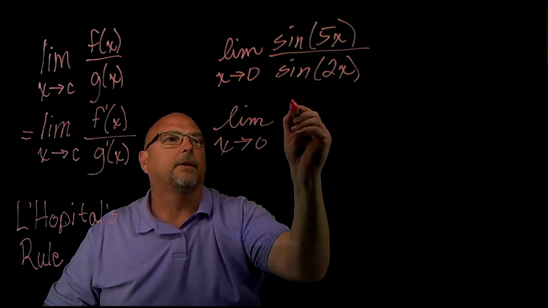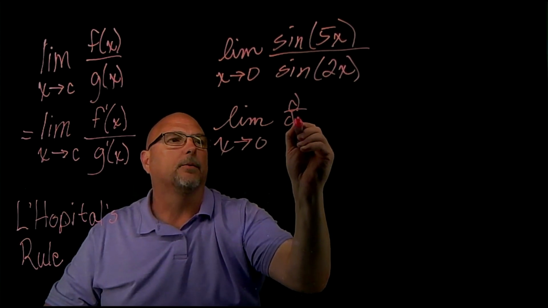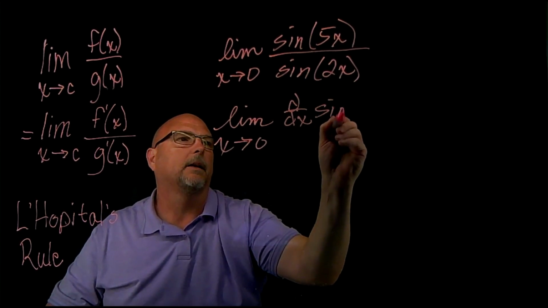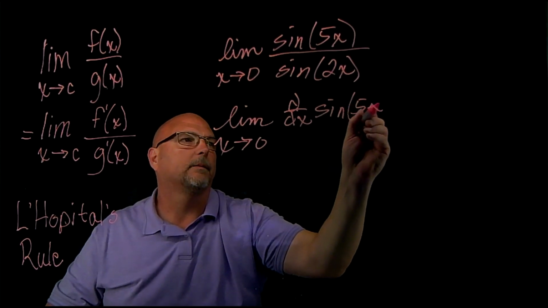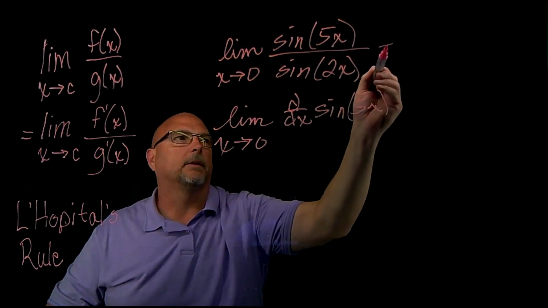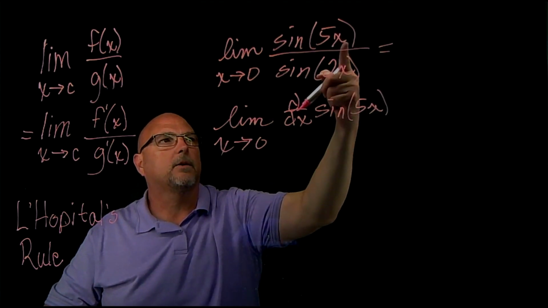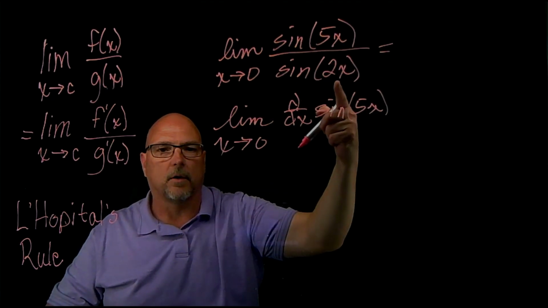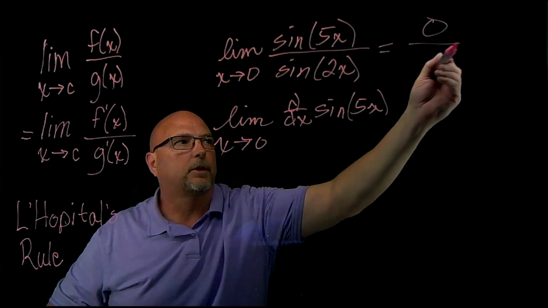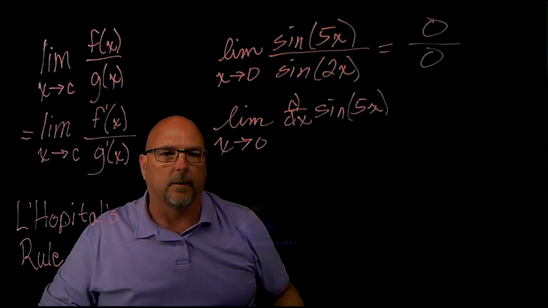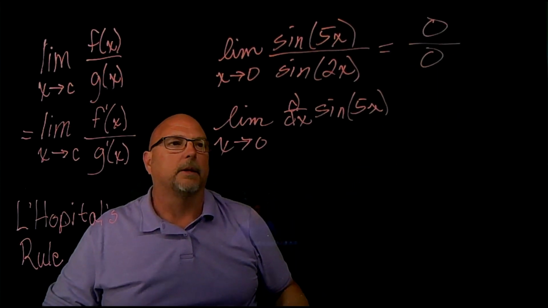Let's look at the derivative up top, the derivative of the sine of 5x. Let's double check this, I shouldn't have skipped this, but as x goes to 0, you have the sine of 0 over the sine of 0, which yields an indeterminate form. So we don't know what to do with it.